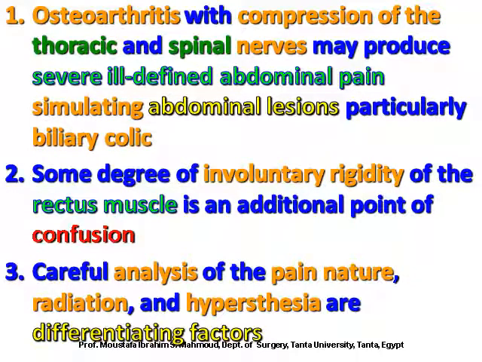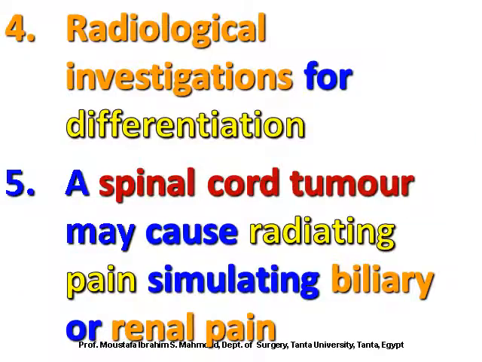Osteoarthritis with compression of the thoracic and spinal nerves may produce severe ill-defined abdominal pain simulating abdominal lesions, particularly biliary colic. Some degree of involuntary rigidity of the rectus muscle is an additional point of confusion. Careful analysis of the pain nature, radiation, and hyperesthesia are differentiating factors.